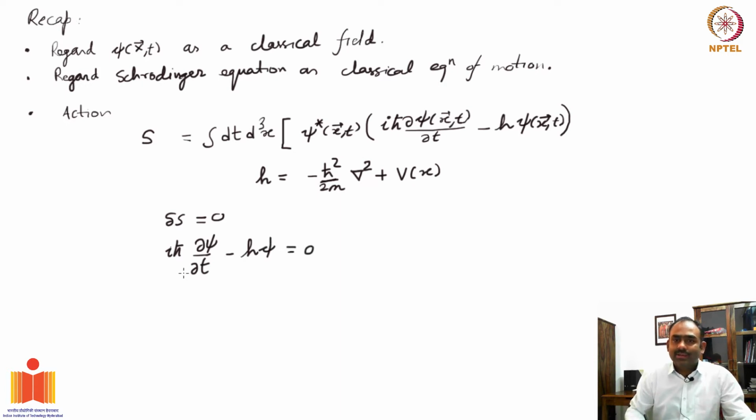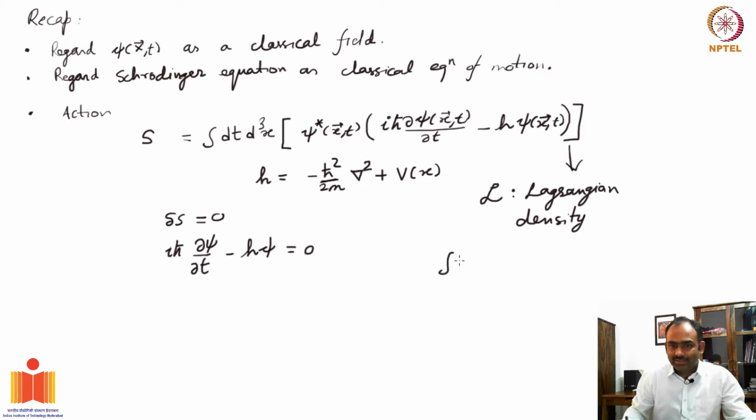Okay, and let me say here, the quantity within square brackets is called the Lagrangian density. It's denoted by curly L. Okay, that's what you have within the square brackets. Then if you integrate the Lagrangian density over all of space, then you get the Lagrangian.